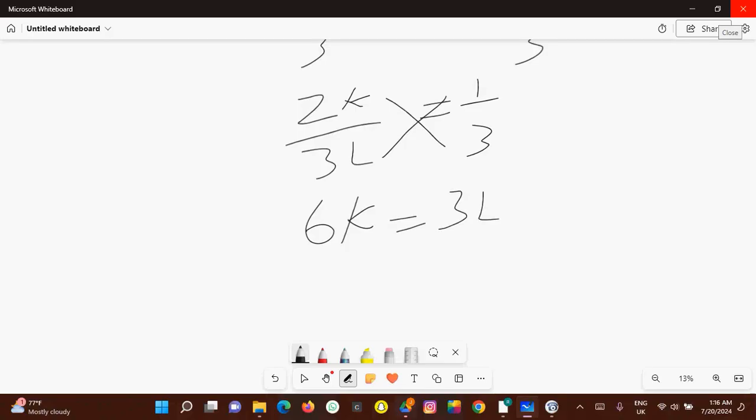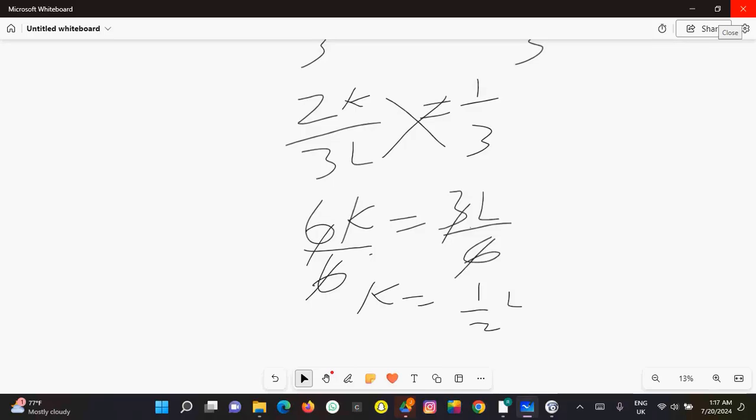If we want to make K the subject, we divide by 6, so K is equal to 1 over 2 L.